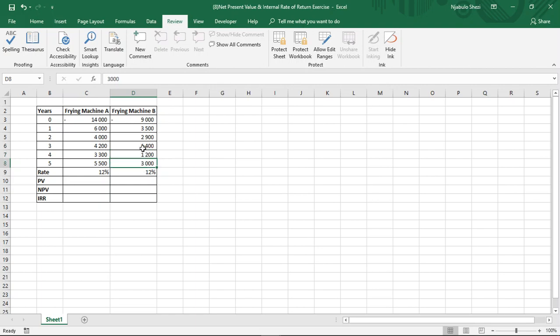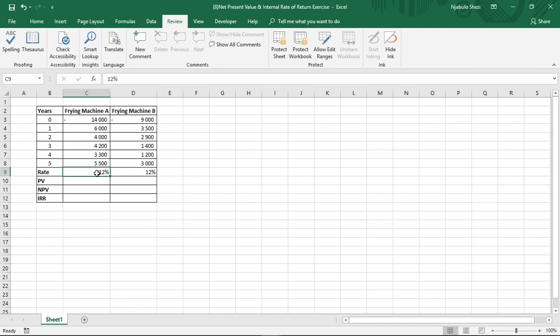So when we are calculating the net present value, we are trying to discount these cash flows, which are in the future, by the way, into the present. So that's what net present value does. And then guys, we have our rate here. This rate of 12% is the cost of capital.